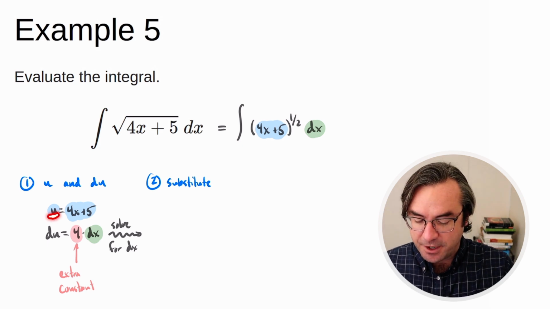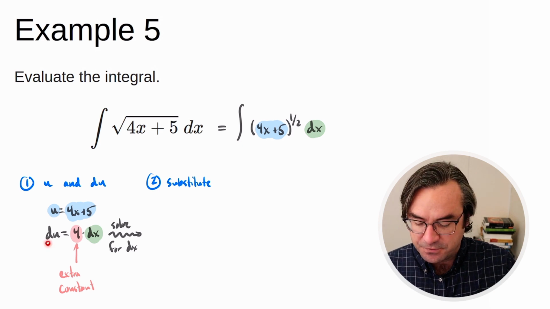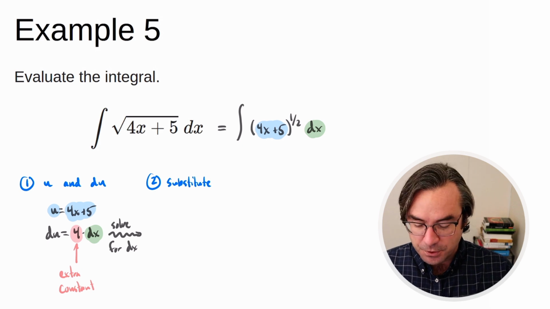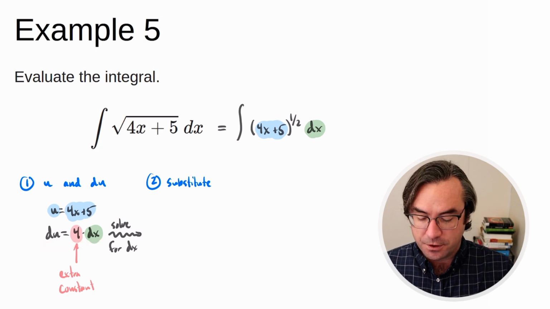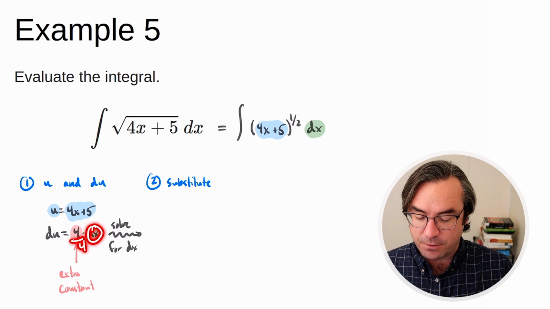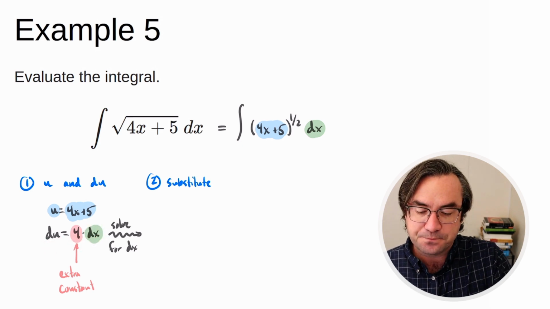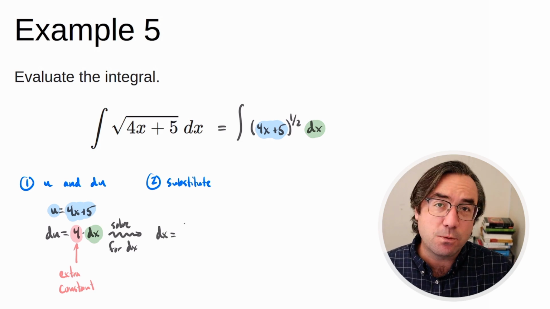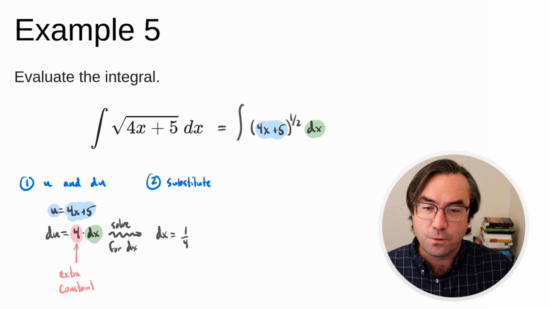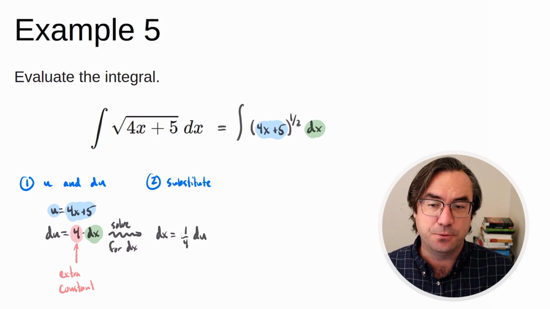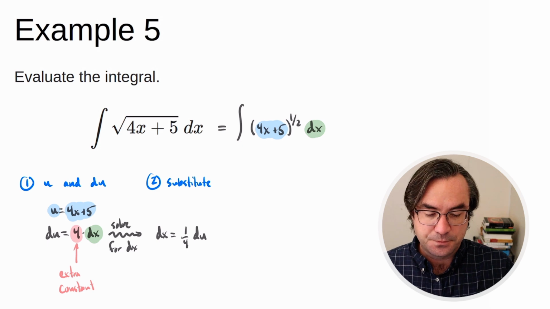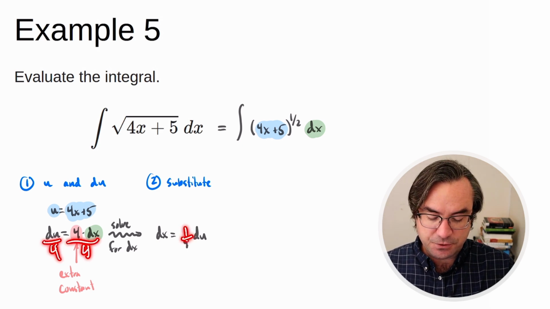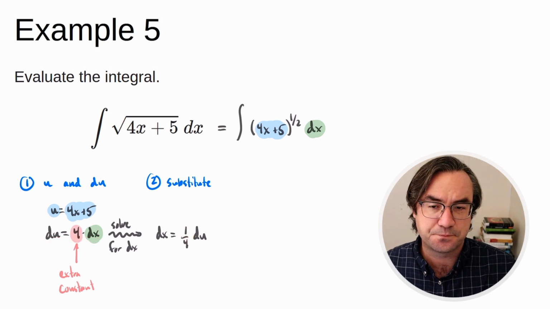Normally our variables have a one-letter name; these variables have a two-letter name. So we're just going to solve this equation for dx, and to do that, we divide both sides by 4. We end up with dx equal to 1 over 4 times du. Again, we just divided both sides of this equation by 4, and I'm writing it as 1 over 4 in front there.